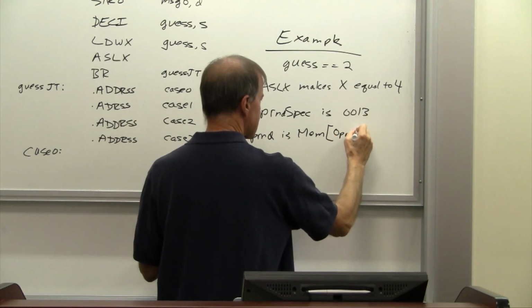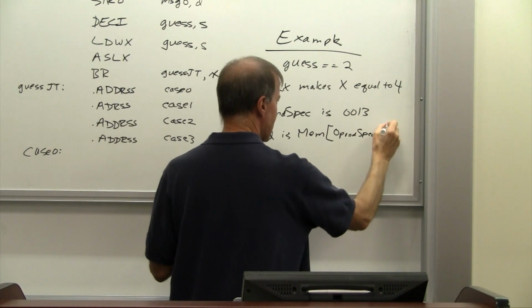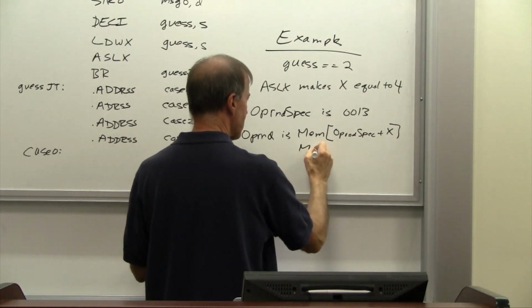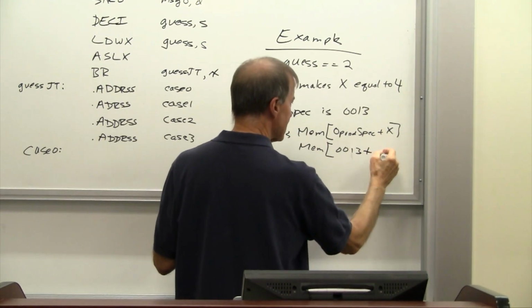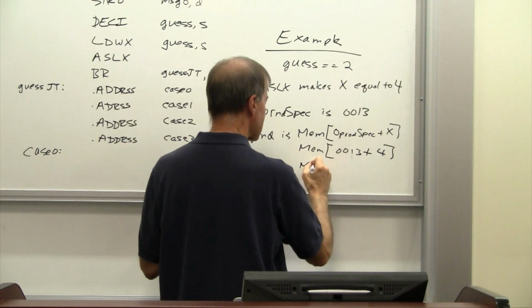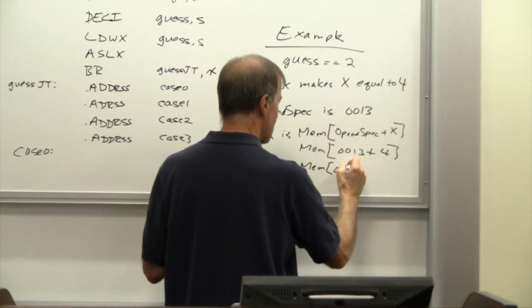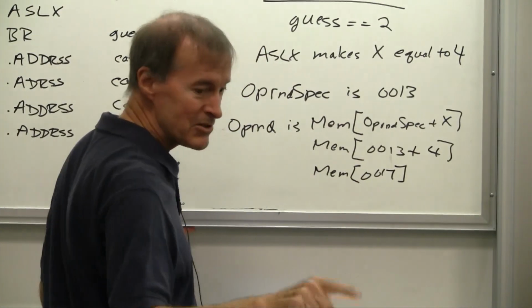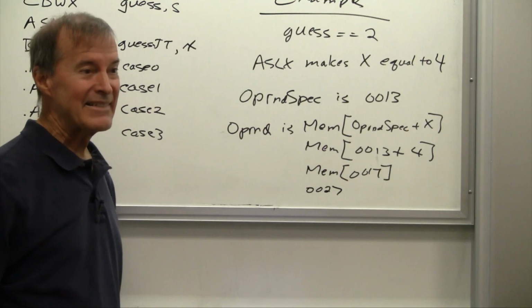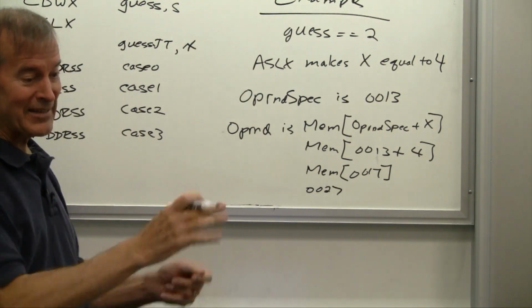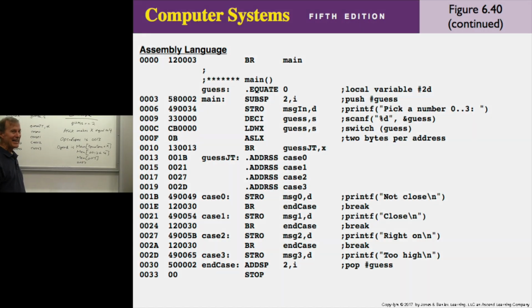Operand specifier plus X. So what is this? This is mem sub what? 0013. 0013 plus, and what is in X? 4. So this is mem sub what? 0017. All right, but what is in mem 0017? 00 what? 27. So the operand is what? 0027. So this is a branch to where? 0027, which is what? Case 2. And we didn't have to do any of the else ifs in between.